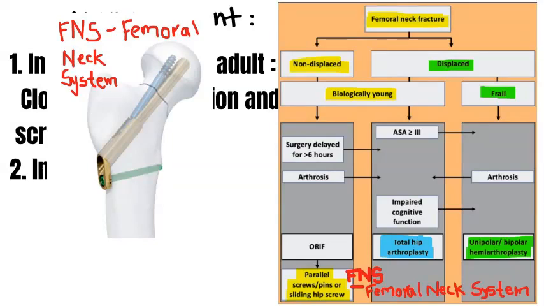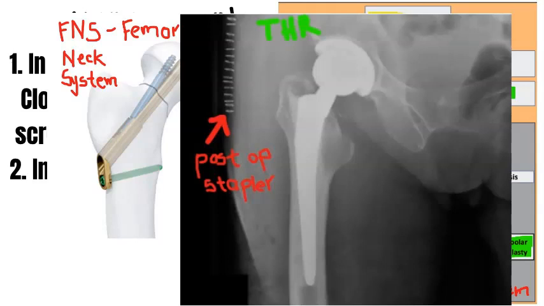This figure shows a femoral neck system. It's easier to use compared to the past. This other figure shows the right hip post-total hip replacement X-ray. You can still see the post-op stapler.